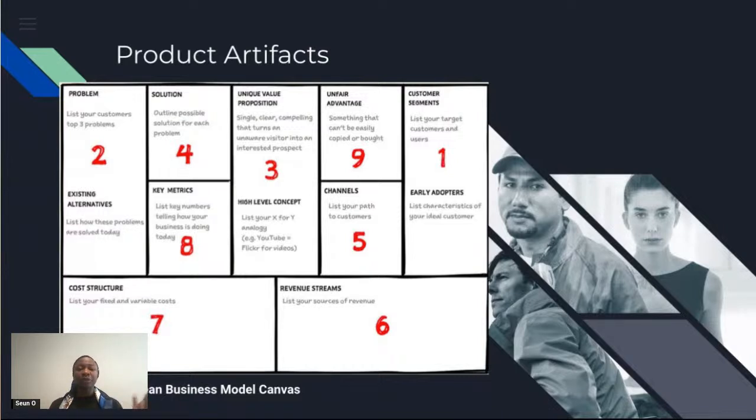Because we've moved to this era where we are using lean, people like to use this lean business model canvas as one of the things they put in their product requirement document as a product artifact. So the problem phase, so their problem. This is not a standard.